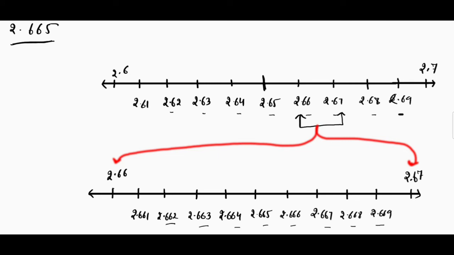So see, my number is 2.665. So this is my point where I can represent this number on the number line.